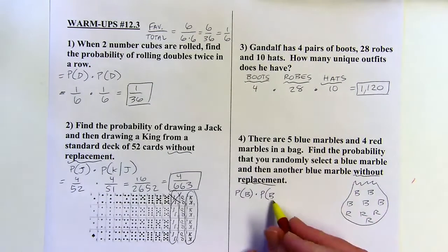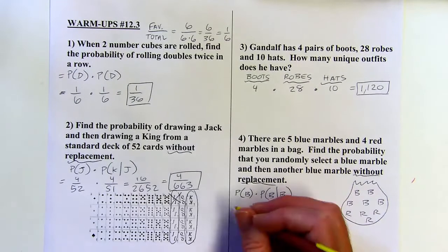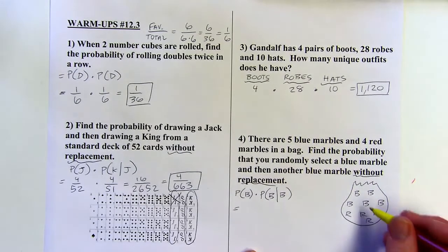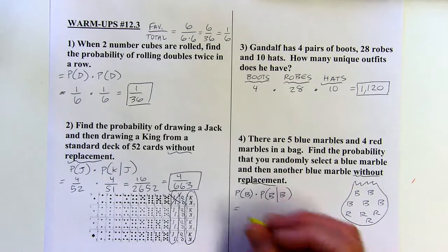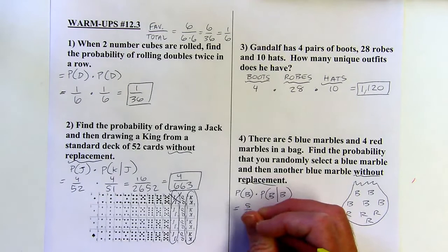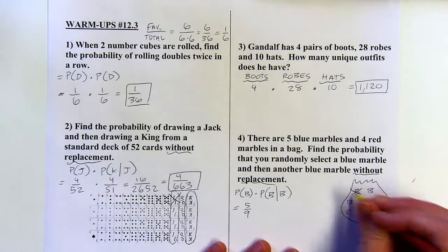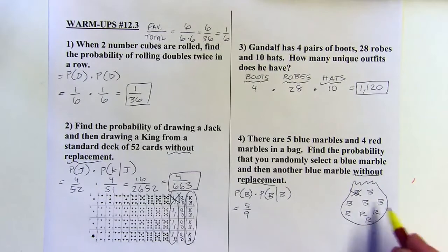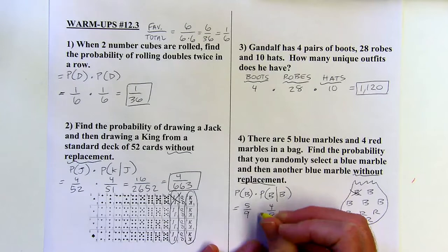So for my second blue marble, I'm going to assume that a blue marble has already been removed out of the bag. So first blue marble, there's 5 blue marbles out of a total of 9 marbles, right? So 5 out of the 9 marbles are blue. But on the second draw, I've already pulled one out of the bag, and now there's only 4 blue marbles left, and there's only 8 total marbles left.